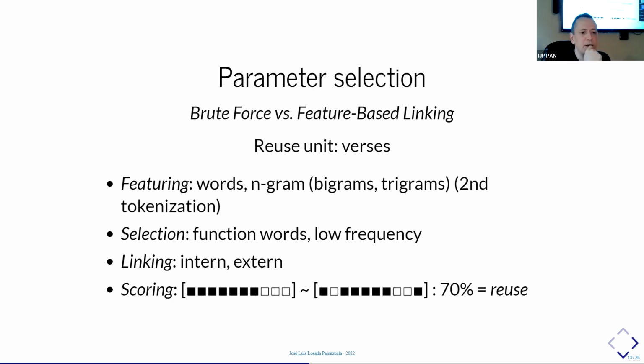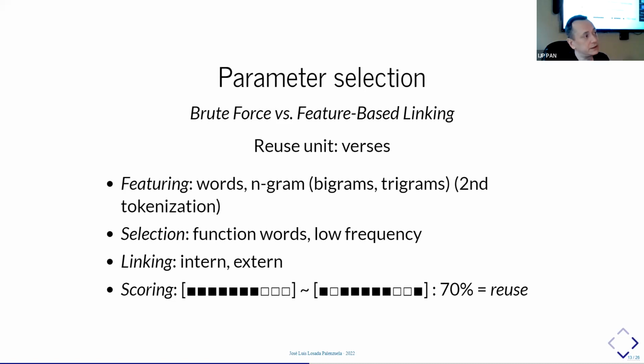For linking, you can check if you want the text reuse checked within the play or just between plays, so this is internal linking or external linking. And I think the most important one here is called scoring. You can determine what percentage of common elements a unit needs to be qualified as reuse. So that is the scoring.